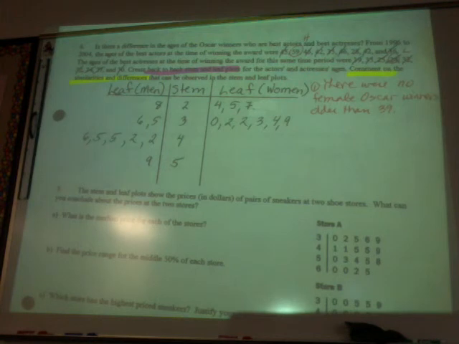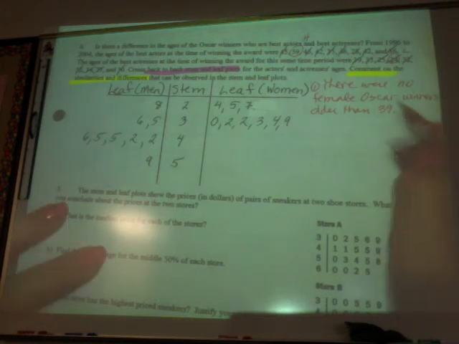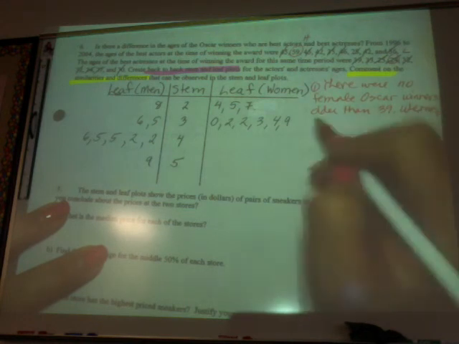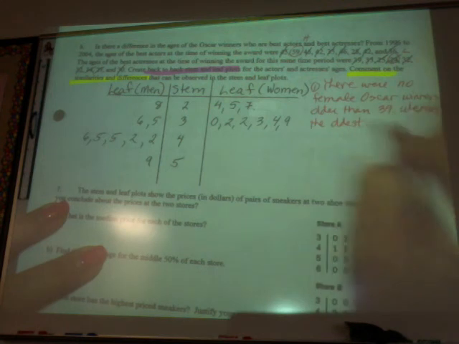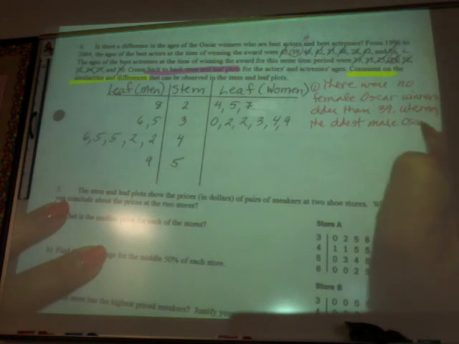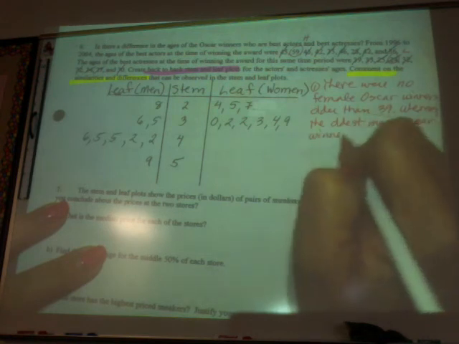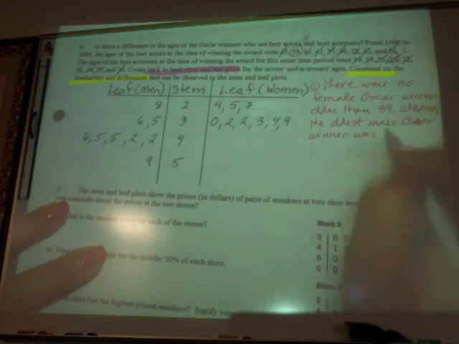And because it says similarities and differences, I would compare that to the men. Whereas the oldest male Oscar winner was 59, not 95, but 59 because we read it backwards.